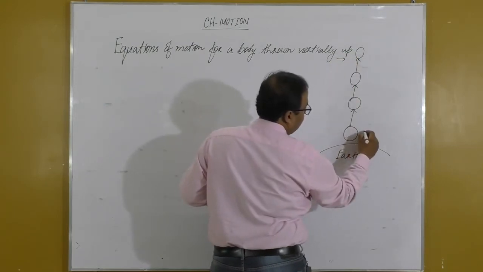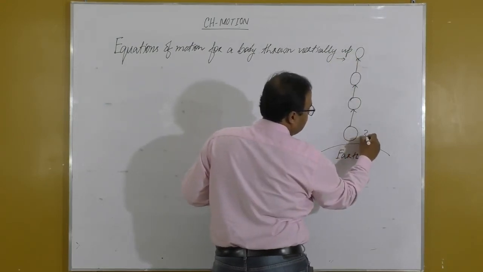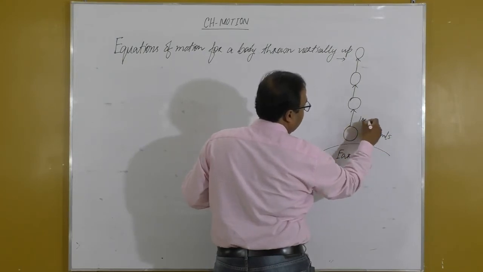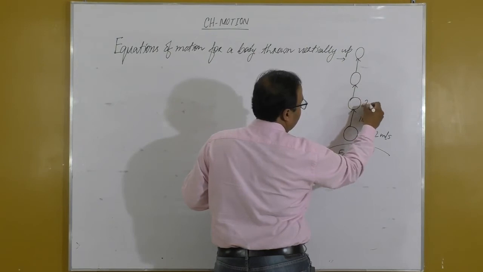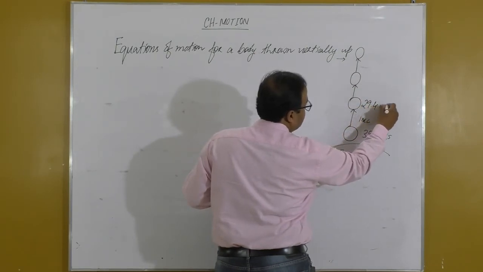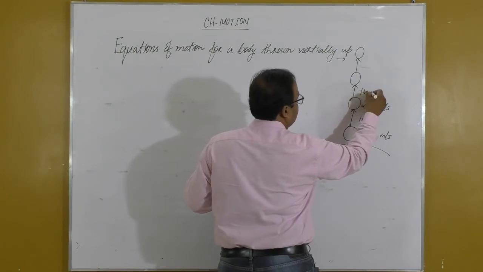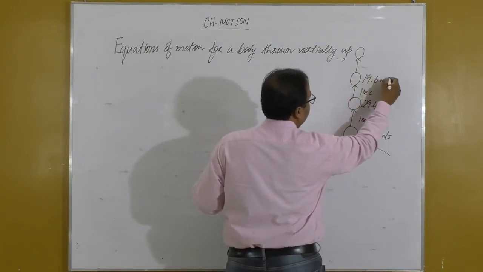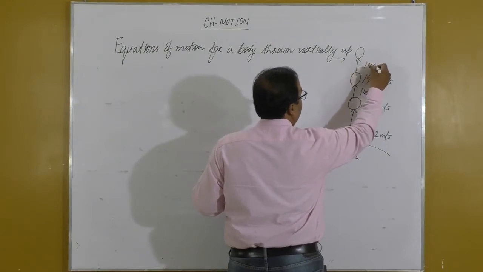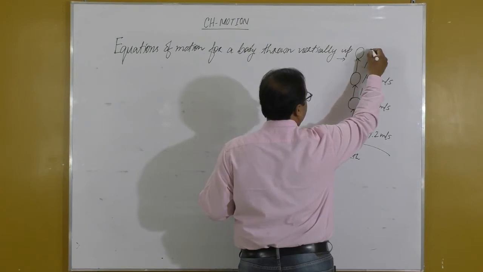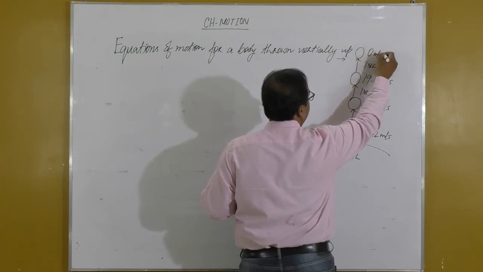So here suppose its velocity is 39.2 meter per second. After 1 second its velocity will become 29.4 meter per second. After one more second its velocity will become 19.6 meter per second, and after one more second the body will stop. That means its velocity will become 0.